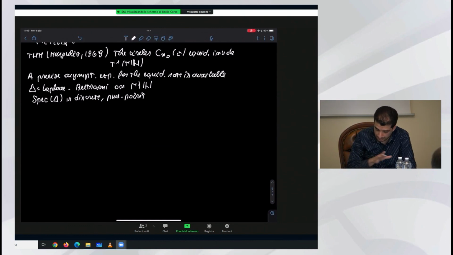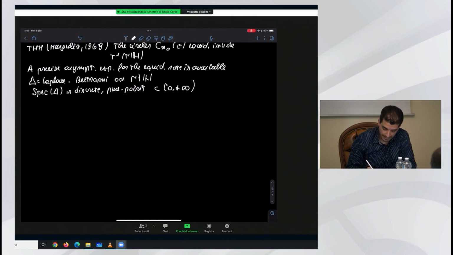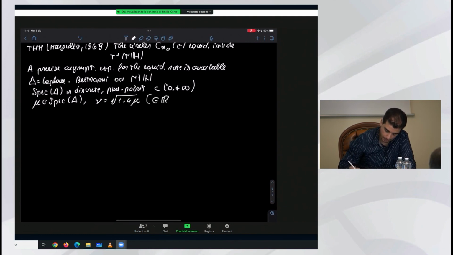You can arrange this to be a sequence tending to infinity, pure point and contained in the positive half line. For any mu in the spectrum, that's the last bit of notation I shall introduce, let nu be defined by the square root of 1 minus 4 mu, where I take this with positive real or imaginary part, depending on the value of mu.